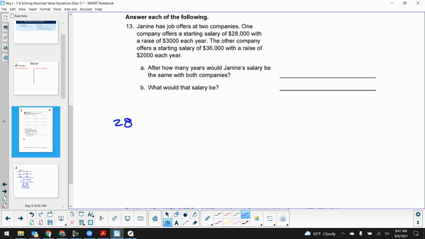So I've got 28,000 with a raise of 3,000 per year, where x is the amount of years. The other company offers a starting salary of 36,000 plus an additional 2,000 per year. That might simplify things. I just kind of took off all the zeros. We subtracted 2x from both sides.